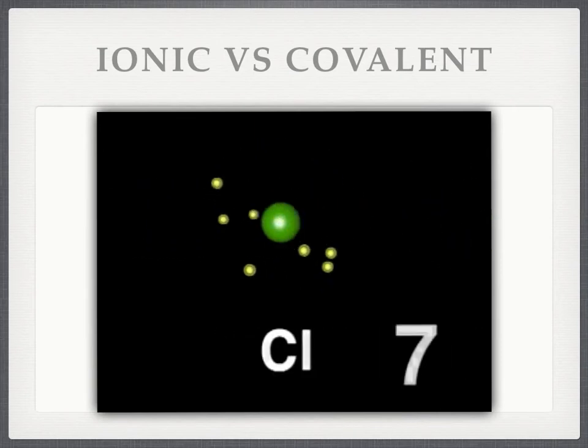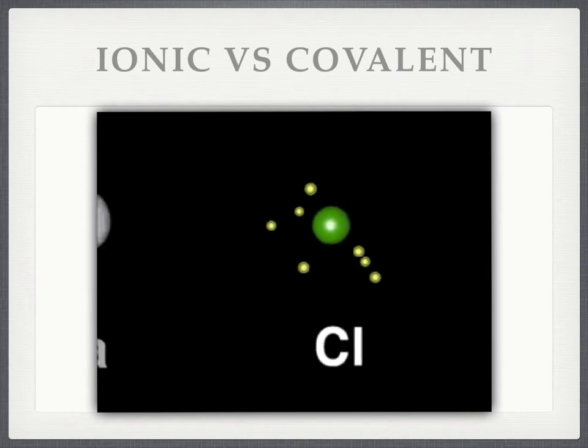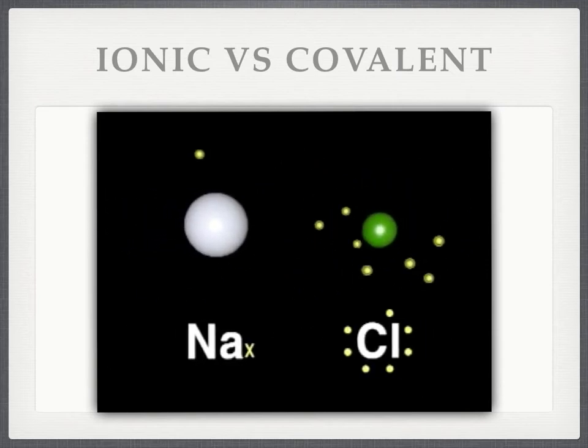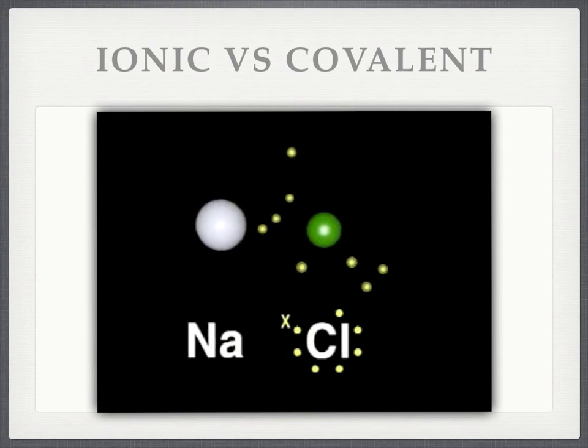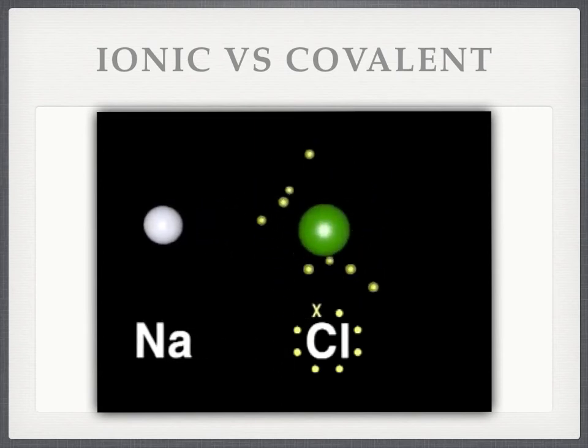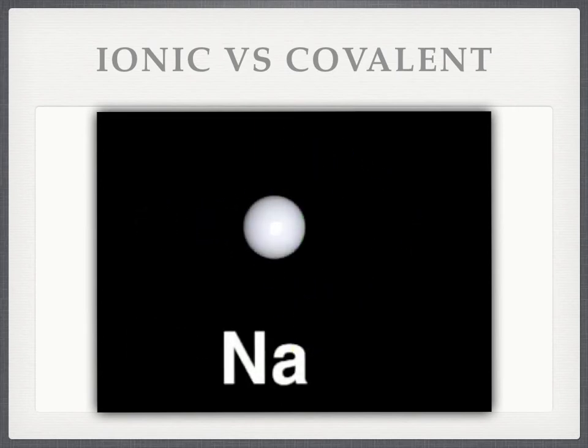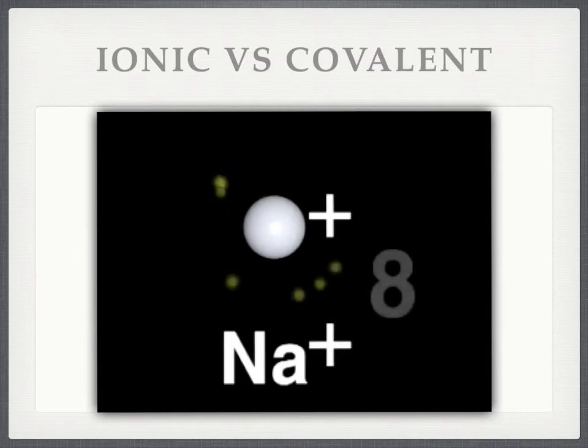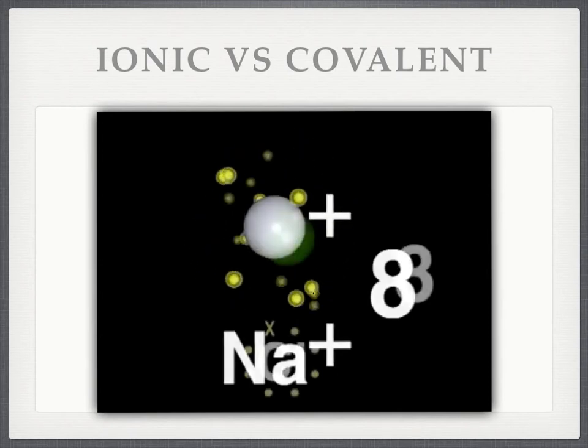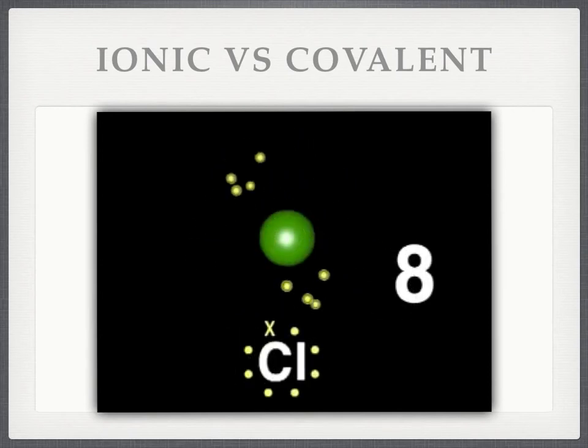A chlorine atom has 7 valence electrons. If the atoms collide with sufficient energy, the chlorine atom will remove the electron from the sodium. The sodium atom loses its only valence electron and becomes a positively charged sodium ion. The energy level below now provides sodium with its stable octet. The extra electron completes a stable octet for chlorine, which becomes a negatively charged chloride ion.